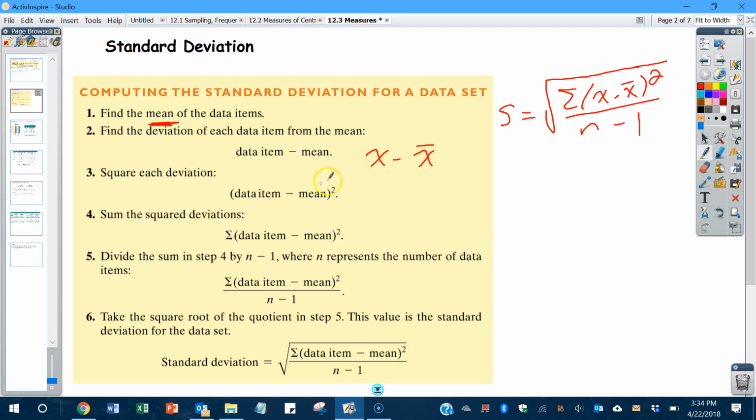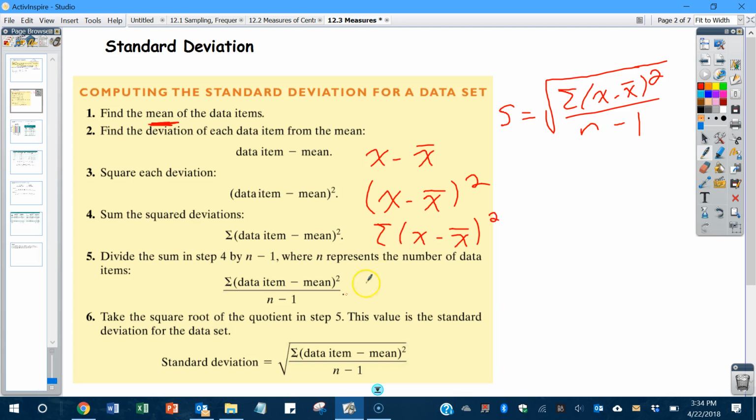And then once you've done that, you want to square each one of those deviations. So we'll call this a deviation: how far away is this value from the mean. Then you want to square those. So you do x minus x bar squared. And then you sum all those things. So this is the deviation. You square all the deviations, and then you sum them. I know this is scary math stuff.